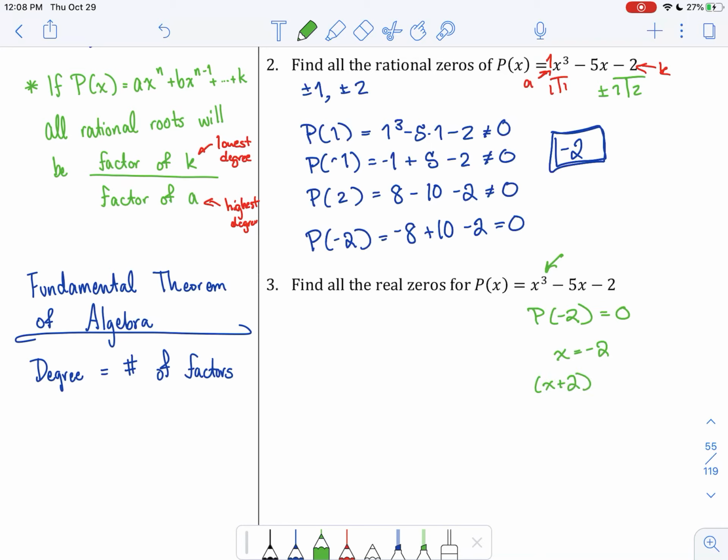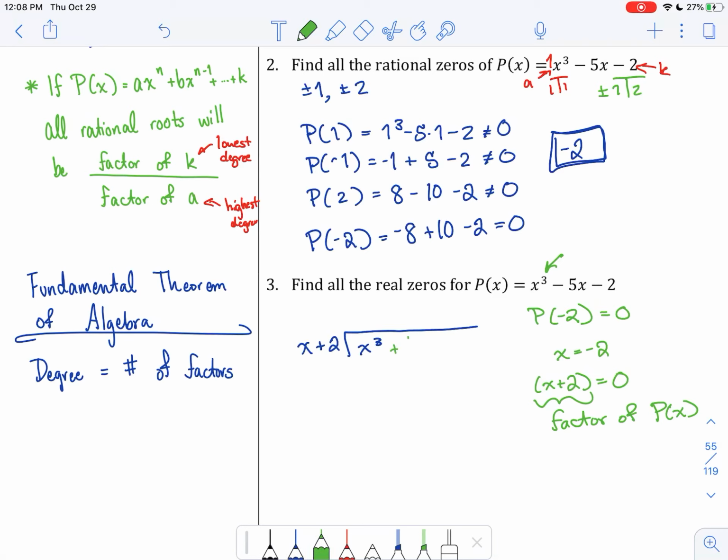If I add 2 to both sides, that means x plus 2 is a factor of the polynomial. So I want to divide out that factor and see what's left.